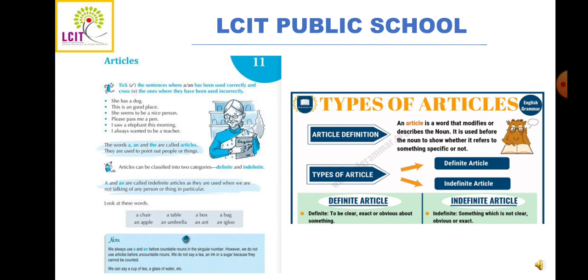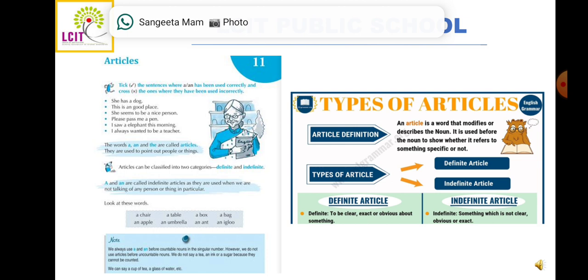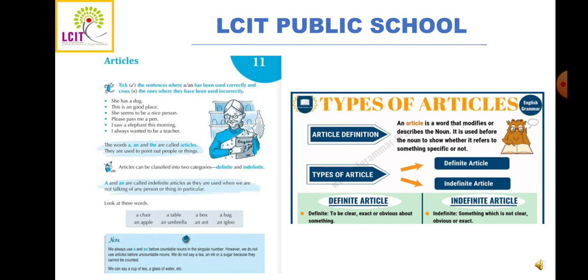Indefinite means something that is not clear or obvious or exact. According to your book, a and an are called indefinite articles as they are used when we are not talking of any person or thing in particular. Meaning, when we are not specifically talking about something, we use a or an.